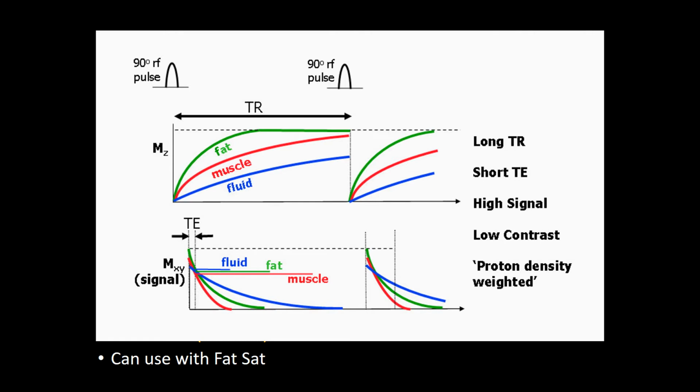It hasn't had time to dephase due to proton-proton interactions, and so you're going to have little T2 weighted effects. So if you see something that has a long TR, short TE, guess proton density image. Frequently, proton density images are used with fat saturation as well.